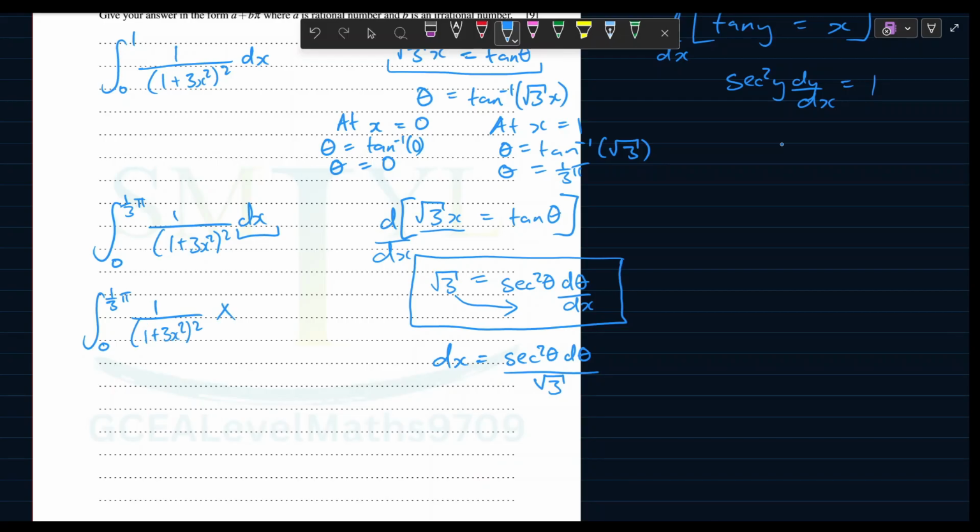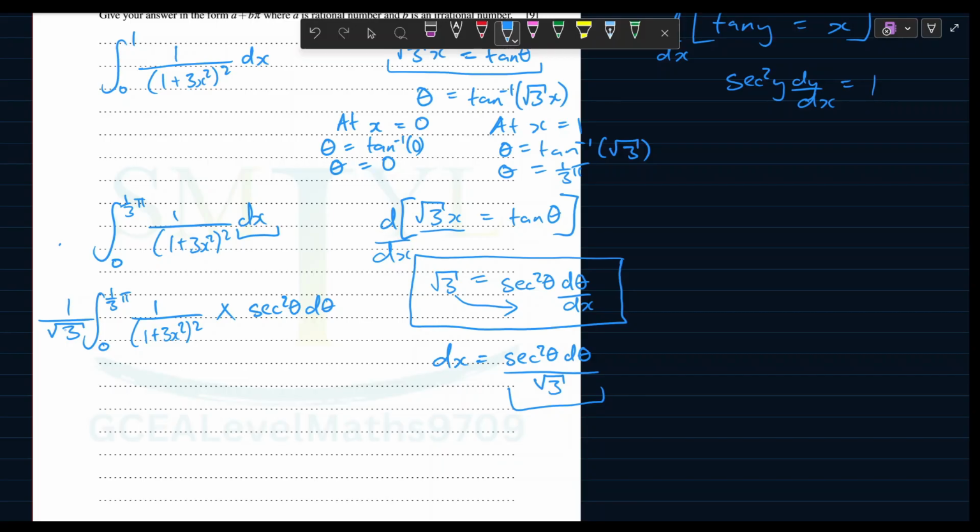Replace the dx with sec squared theta d theta over root 3. And the 1 over root 3, we can just take outside the integral sign because that's a constant. So that would be 1 over root 3.